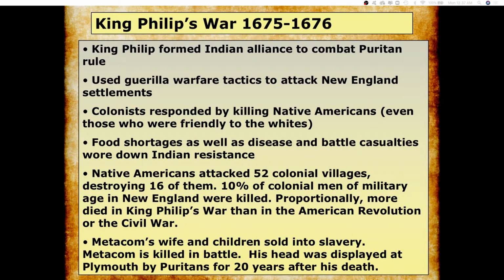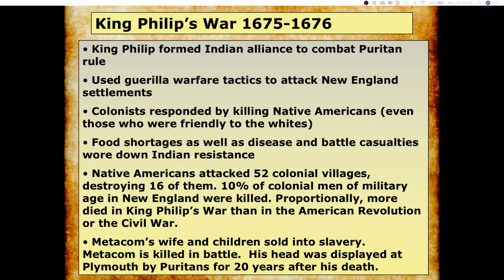So colonists are going to respond to native attacks by killing all Native Americans they come across, even the friendly ones, during King Philip's War. And when all is said and done, 52 colonial villages are attacked, 16 of them destroyed.